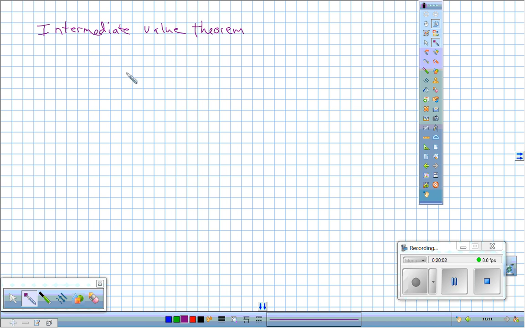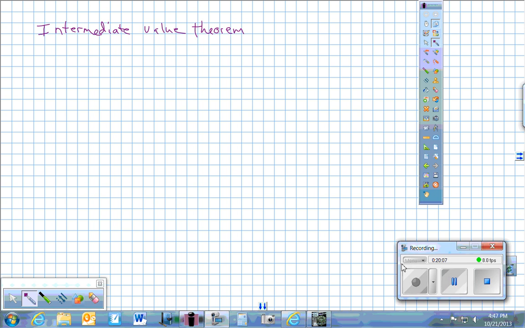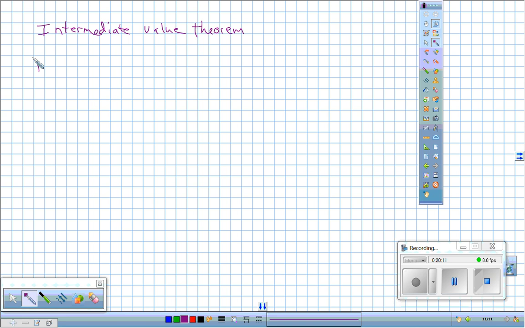So an example of this, I'm going to use number 43 in your book, and it gives you f of x equals x to the fourth minus 2x squared minus 6. It gives me an a of 2 and a b of 3. What this really is is just two different x values.